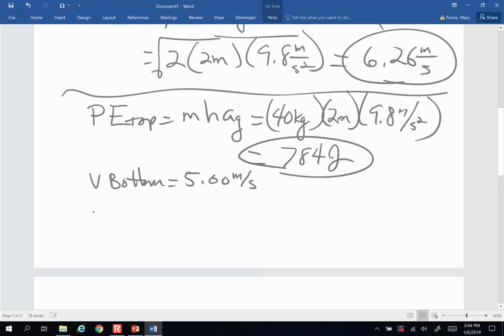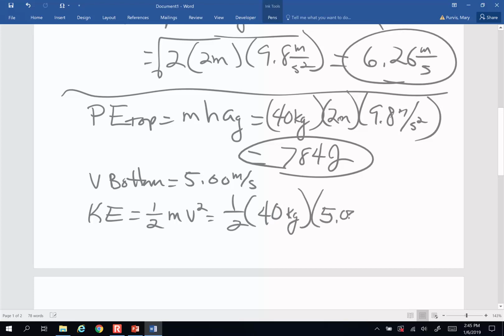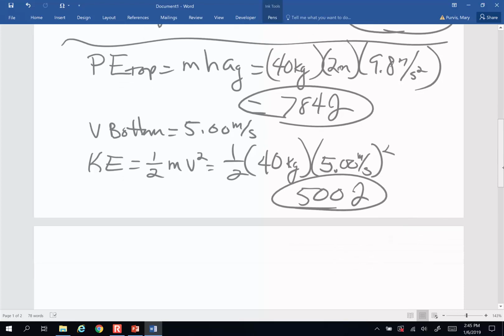So what is the kinetic energy at the bottom going to be? 1/2 mass velocity squared, 1/2 my 40 kilograms for my child, 5 meters per second squared, and I end up with a kinetic energy at the bottom of 500 joules.